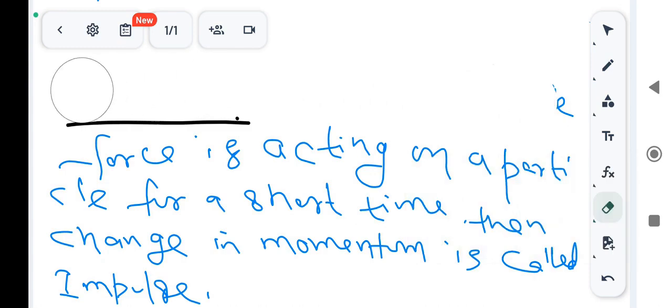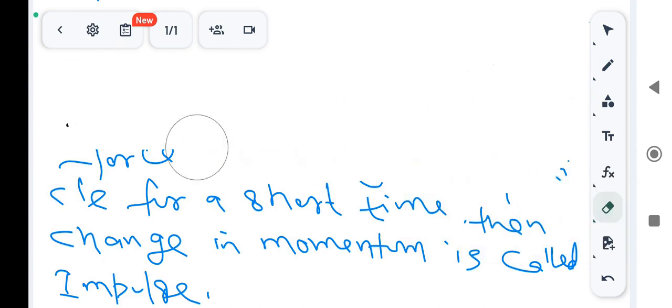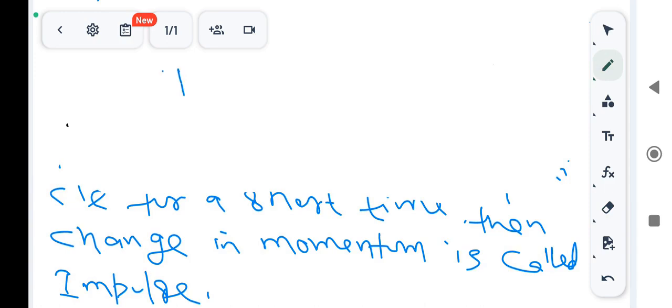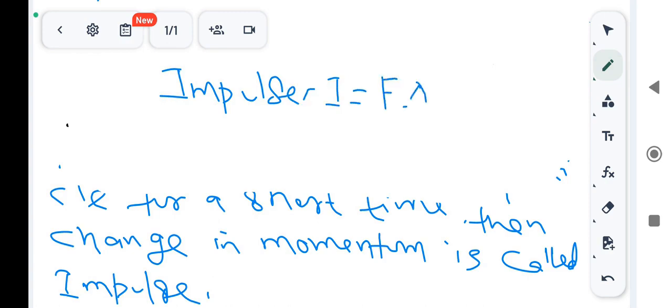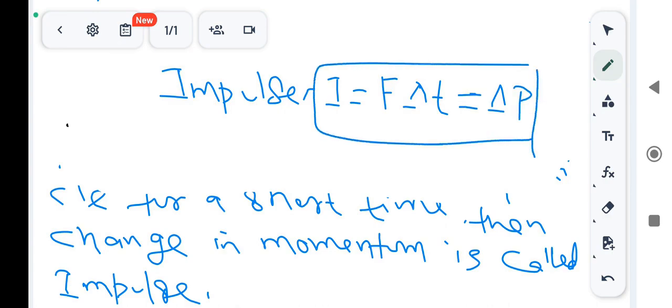Now this point is to be noted. The impulse I is equal to what?